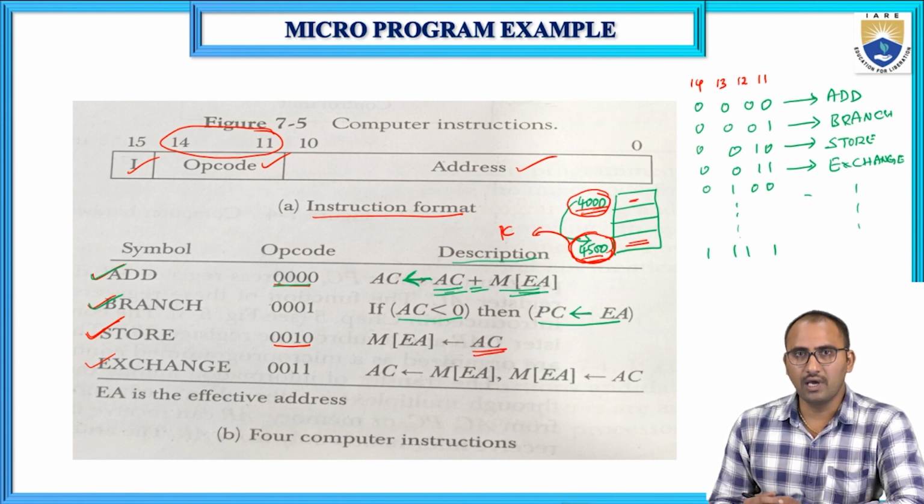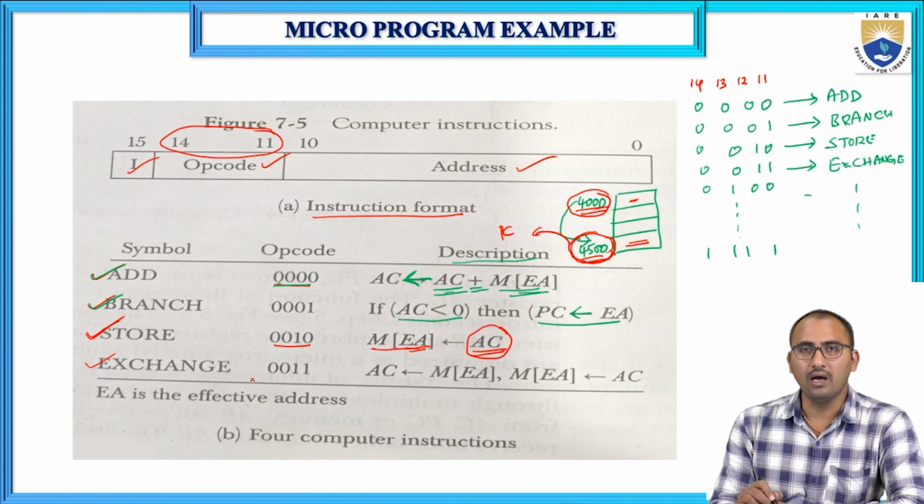That data we are going to store in the memory. The location to which we store that value is specified by the effective address. So the contents of the accumulator are transferred to the memory whose address is specified in the effective address. So that is store.